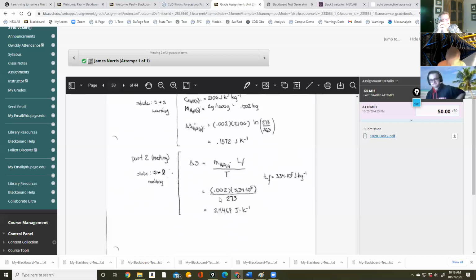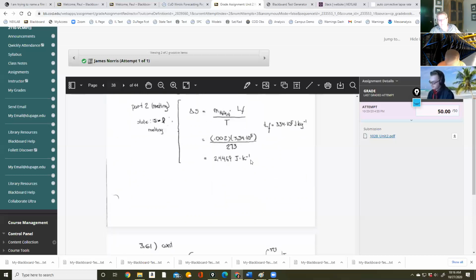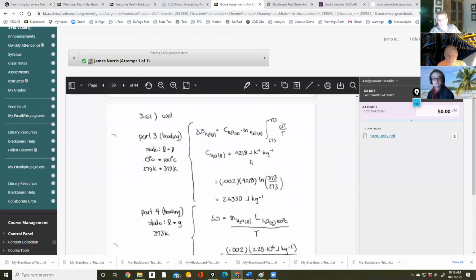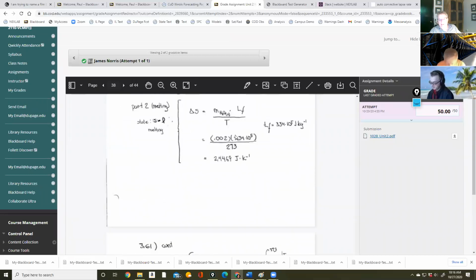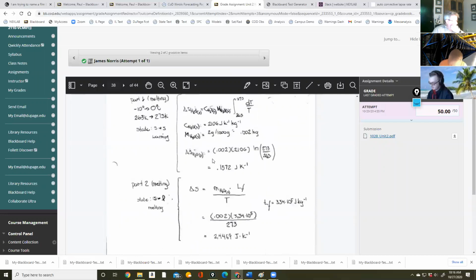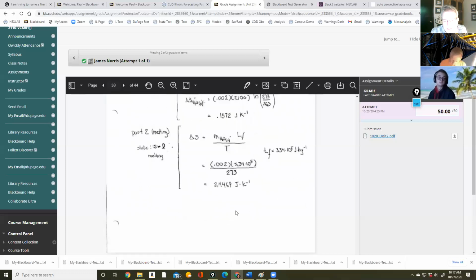No. The crystal, the entropy, the order of it. So you don't have to do that much entropy change. Well, you're staying in the same state. So now you get 2.45 right in here. So that's a dot, not a comma, unless you're in Europe.